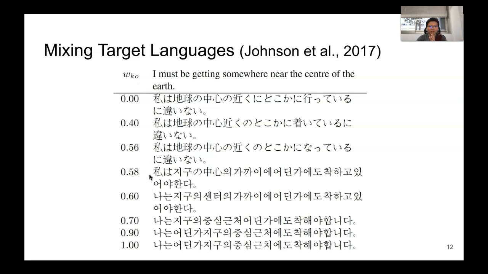And we can see that when we set this weight W_KO to some parameter like 0.58, where the source language is English and it is trying to translate into either Japanese or Korean, the output is a mix of Japanese and Korean languages. So this is also a very interesting finding from their paper.